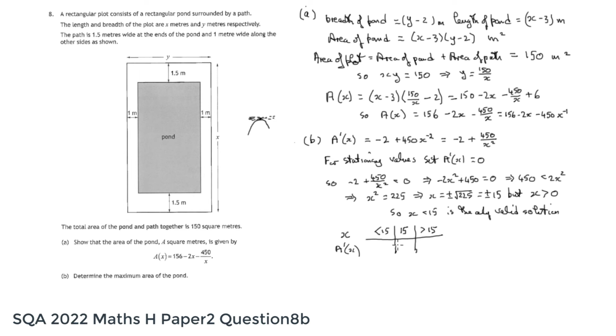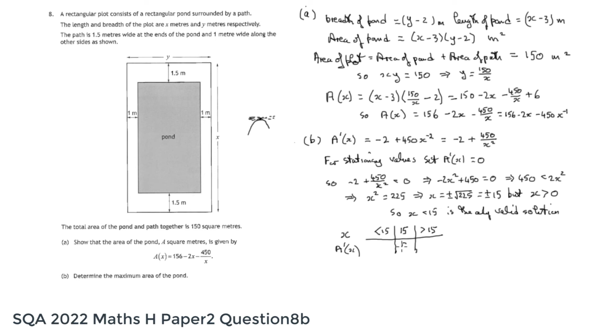Now we know that when 15 goes into the expression for A dash of x, now I'm going to be using this expression up here to make my arguments, 15 in there, 15 squared is 225, 225 into 450, that gives us 2 there. And obviously negative 2 plus 2 is 0.